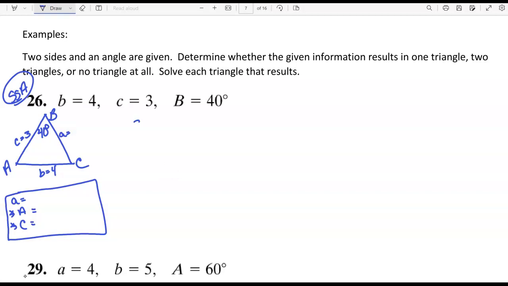So we're going to set up sine of B over B equals sine of C over C. And the reason I chose that is because I know angle B, and side C. So I've got sine of 40 over 4 is equal to sine of C over 3. Let's do some fancy math. We're going to cross multiply.